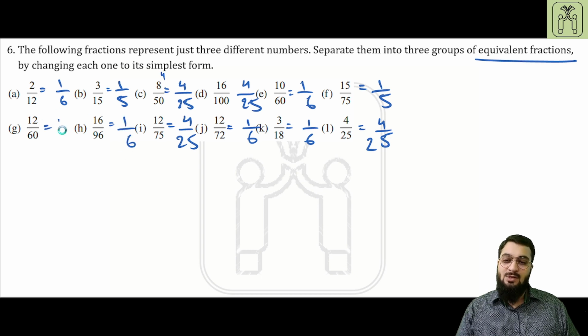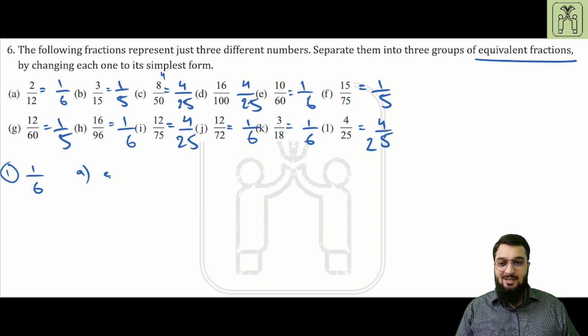12 upon 60 will give you 1 upon 5. So we have to choose all the 1 upon 6. There are three groups. So first group will be 1 upon 6. For that we will have A, then E, then H, then J, then K, and that's final.